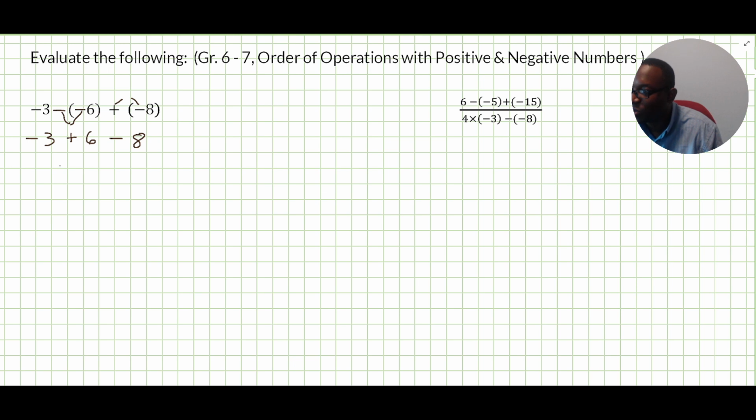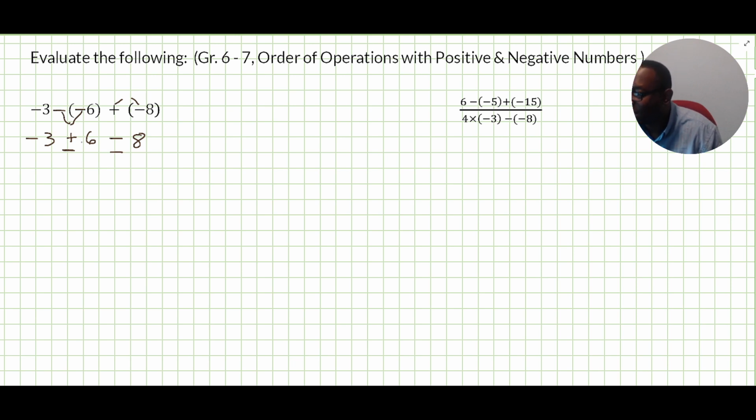So now the question we need to ask is -3 plus 6, because now we're going to use our PEMDAS. But fortunately, addition and subtraction are actually on the same level, so you're going to address them from the left, whichever one comes first, going from the left to the right. So we're in a good shape right here. Now the question you're going to ask yourself is, what do I need to do here? -3 plus 6.